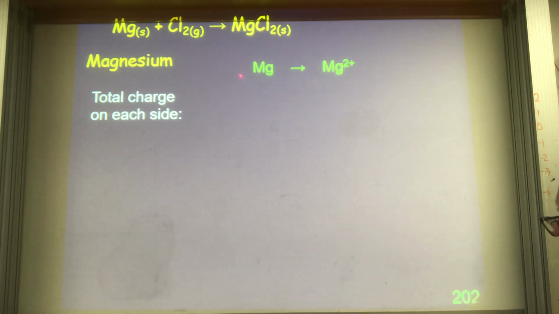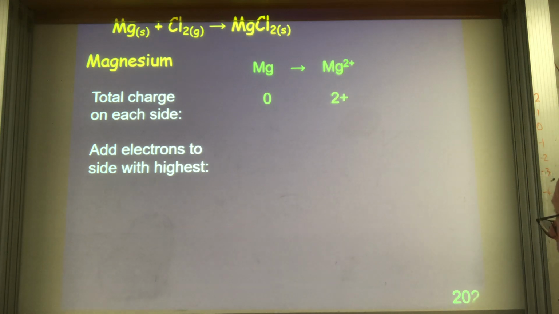We add up all the charges on the left-hand side. Now that's neutral, therefore it's got a charge of 0. This is 2+, so the overall charge on the right-hand side is +2. Now, where we've got to add electrons to balance a half equation, we always add electrons to the side with the highest overall charge to bring it down to equal the lowest.